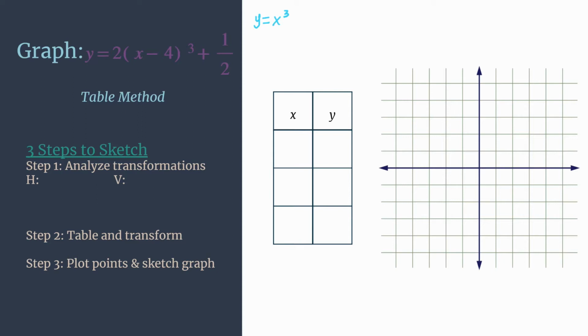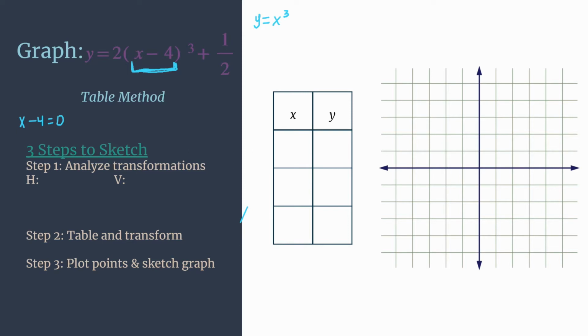In our equation, looking at our transformations, this is step 1. We want to see, are there any horizontal or x affecting transformations? So looking in with the x, we see there's a 4 in the parentheses of this cube function, and we know we should apply it to our x's as if we were solving.